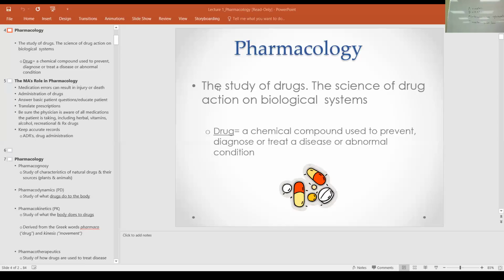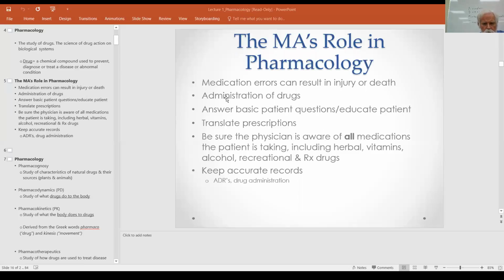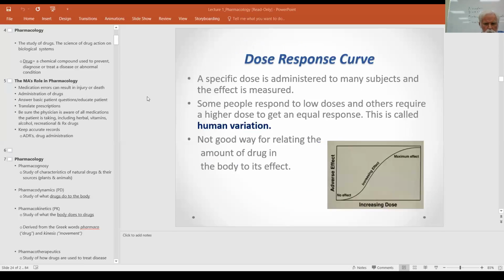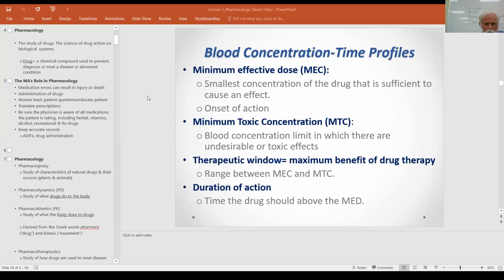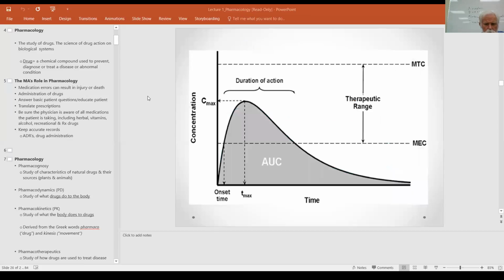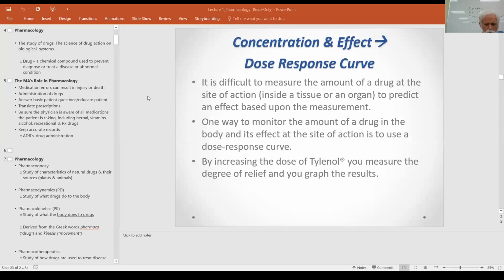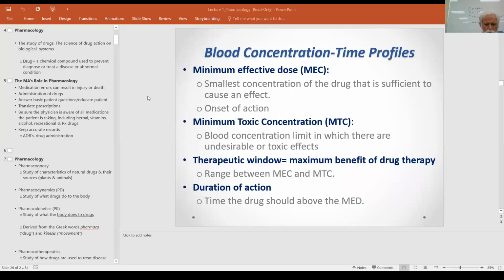So that's a lot of that material. You need to read over the material. The pharmacology PowerPoint, which I haven't used, obviously, has a lot of information in it that I just gave you in a couple of different ways.